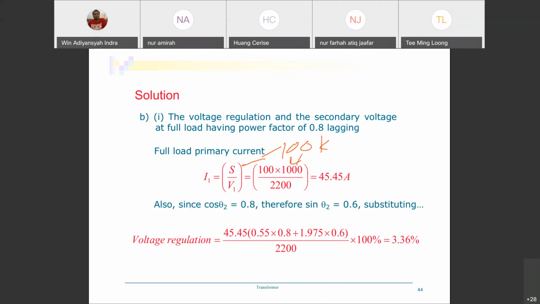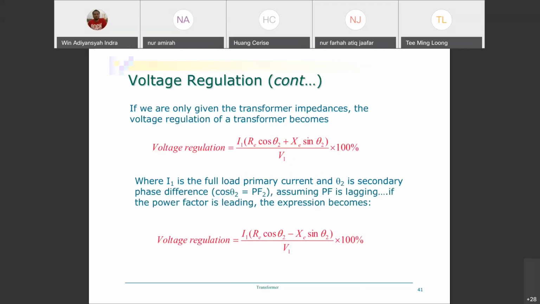Okay. And then since cos 0.8, remember the formula? Formula is not cos, the formula is sine. Instead of cos, the formula is sine. Look here. Yeah, sine. Right?